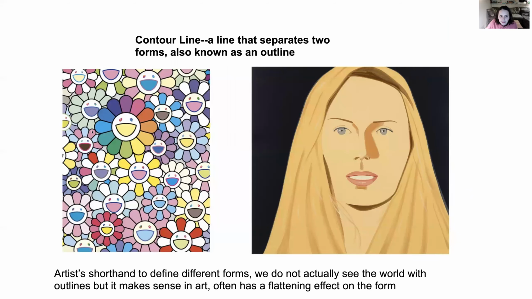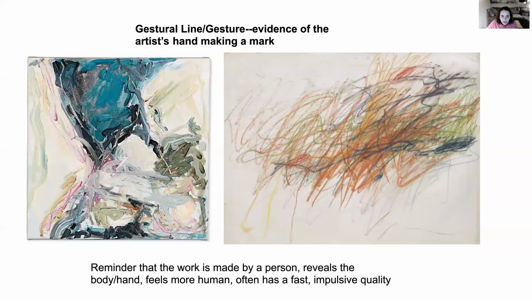A contour line, this is, if any of you draw, typically most people start out drawing with only contour lines. So it's the lines, also known as outlines, that separate two forms. And then a gesture line, this is a kind of line that is kind of like a scribble. It is evidence of the artist's hand.